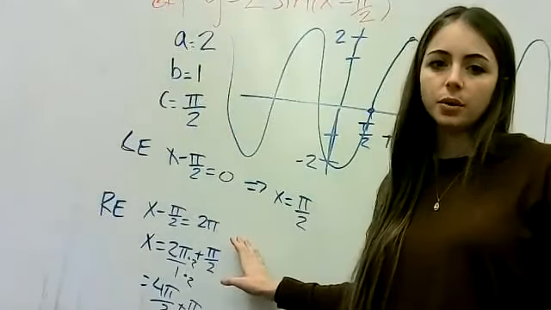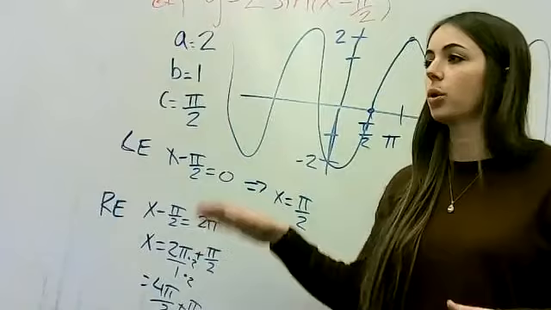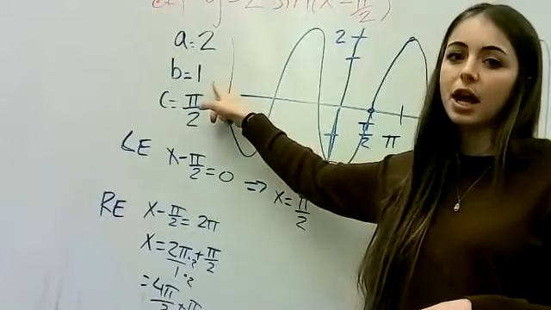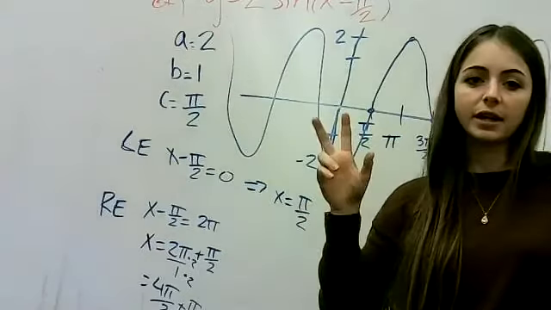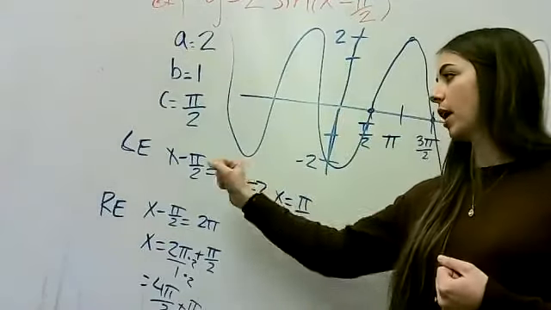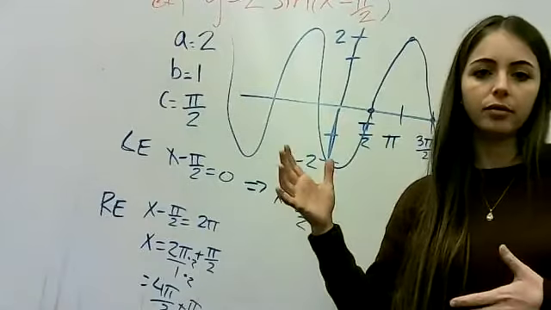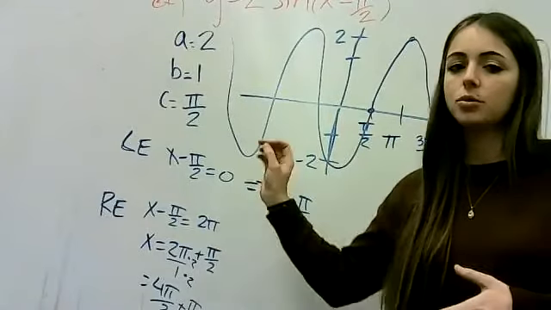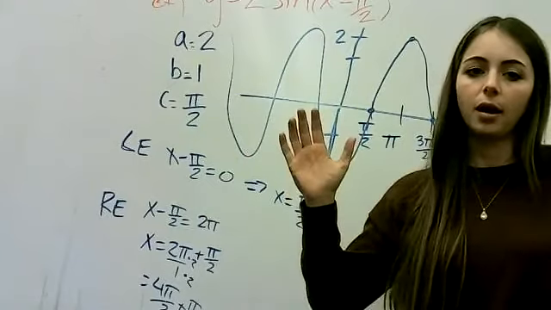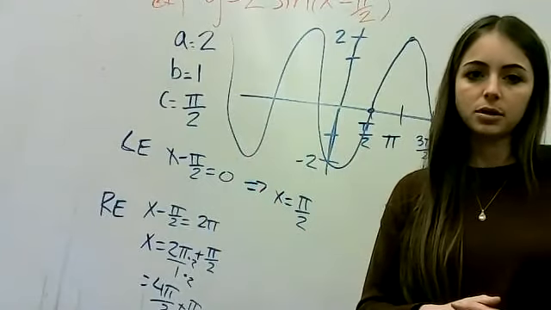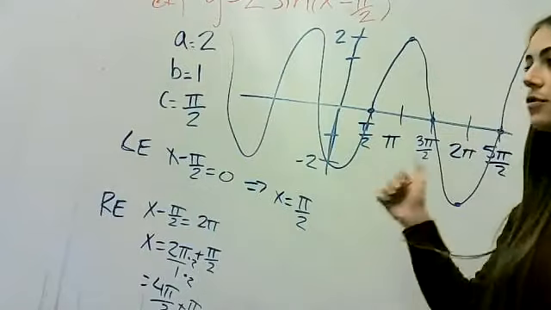This formula is going to account for your new left and right endpoint. So if your period does change and there's a C value, you don't have to find and calculate your new period because your left and right endpoint will do that for you. If there's no C, you do still have to go through that process of finding your new period and figuring out where that start and stop point is going to be. Okay, so this is for a C value.